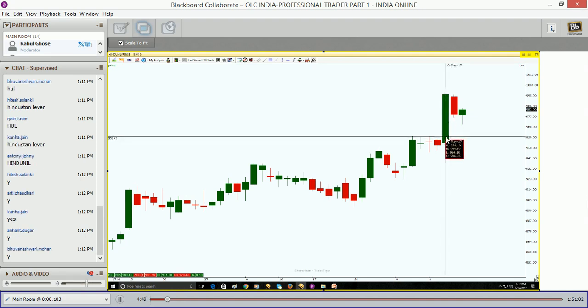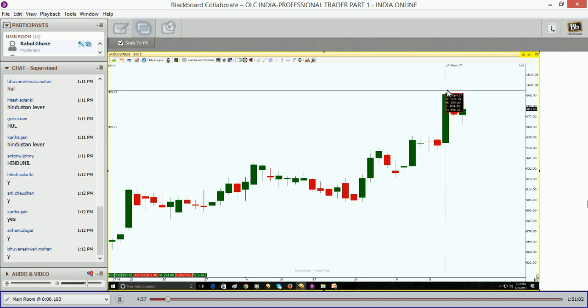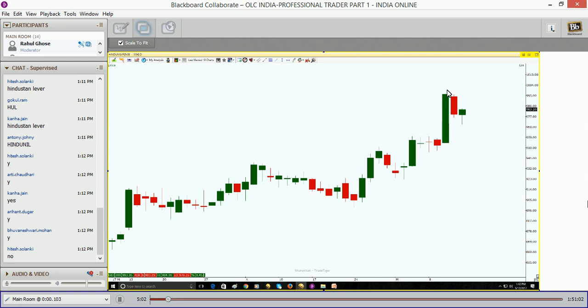Now, quick question to all of you. This move in Hindustan Unilever from 954 to 1000, who do you think can make this candle? Can you and me make this candle? Absolutely not. Only people with the power of money can make this move.